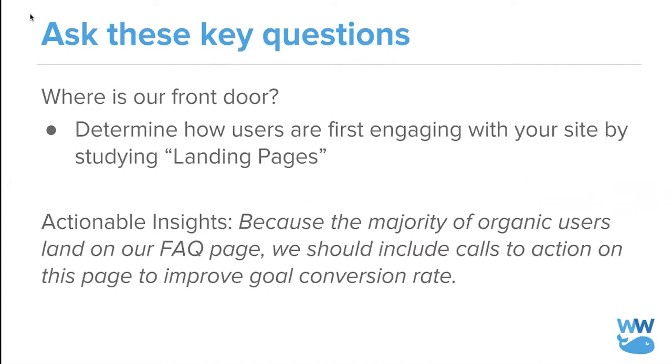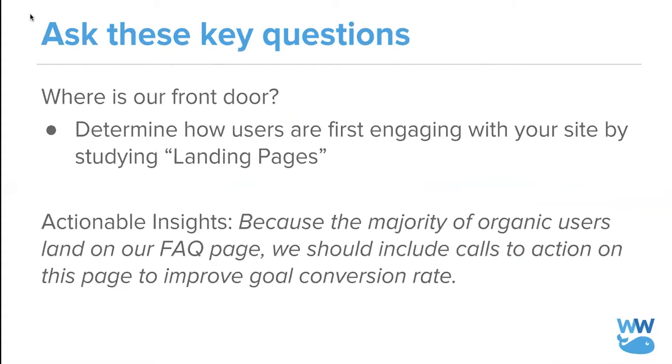The next is, where is our front door? Within that content drill down report, look at landing pages specifically for organic users and determine how users are first engaging with your site. Again, it may not always be our homepage. So recognizing that maybe a certain resources page ranks highly for a keyword that draws in a lot of users.